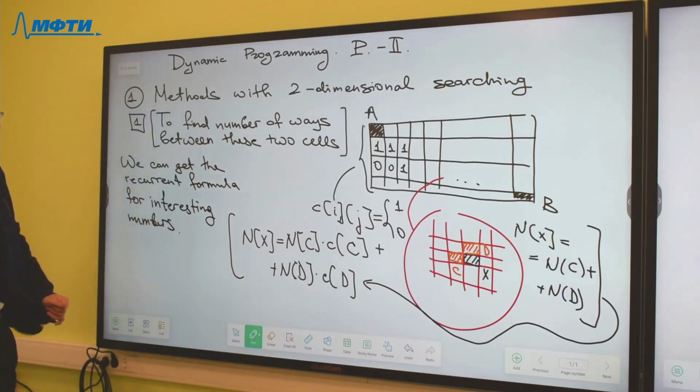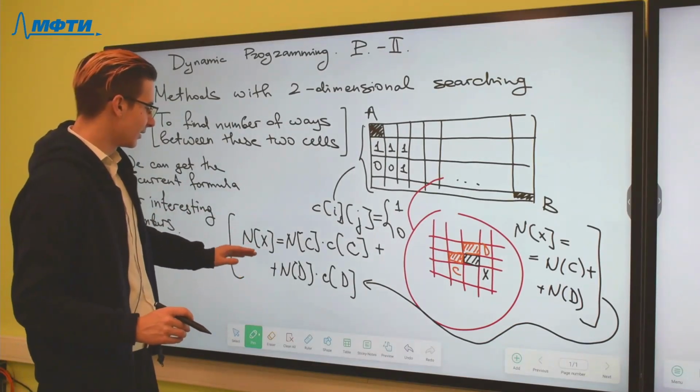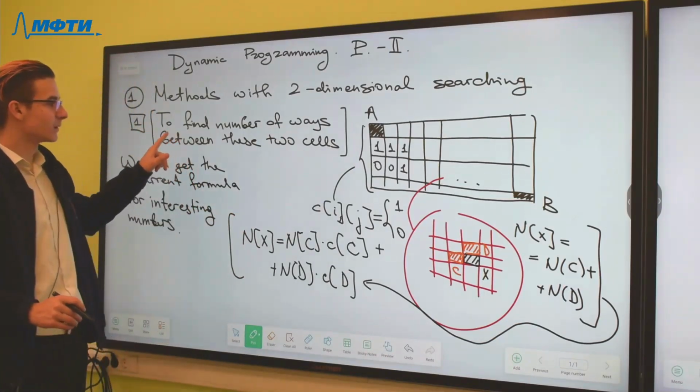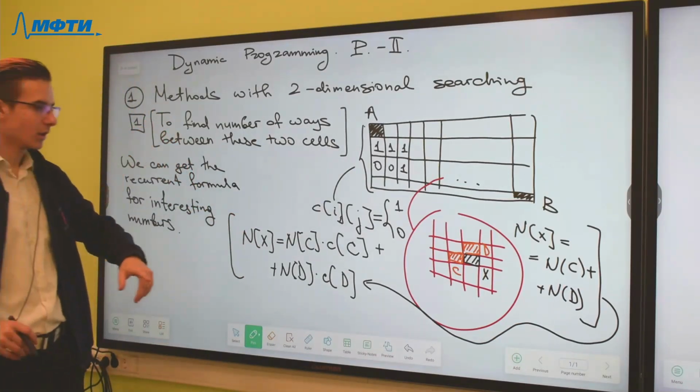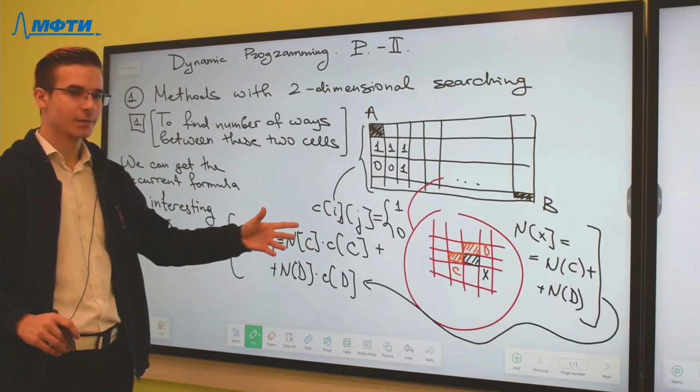And of course, we can use it to find the number of ways from A to B with a recursive algorithm.